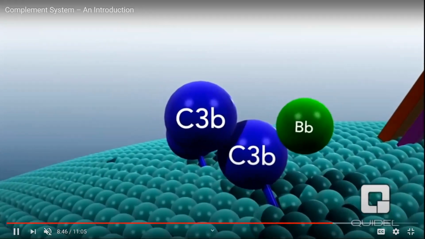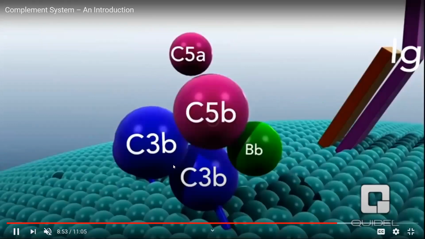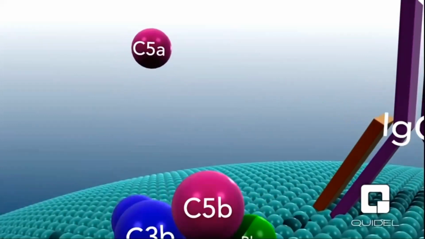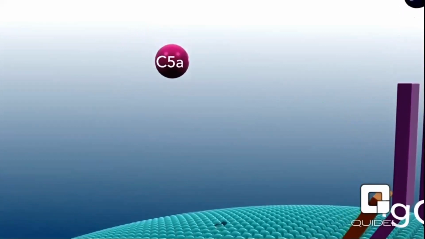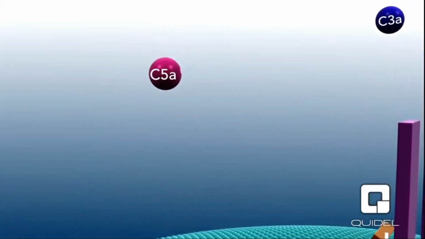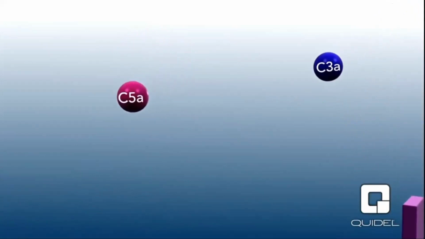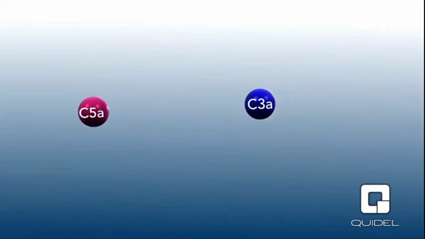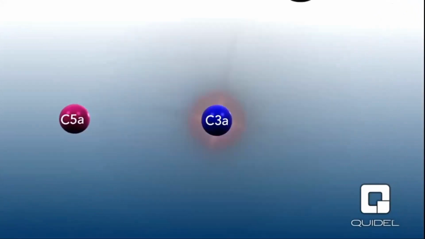Now what will happen? Any C5 component will come and bind. The C5 will now be cleaved. C5b remains attached and C5a is released. So we see C3a and C5a both are separate and floating, and they have the same property which we had seen in the classical pathway, that is chemoattractant.